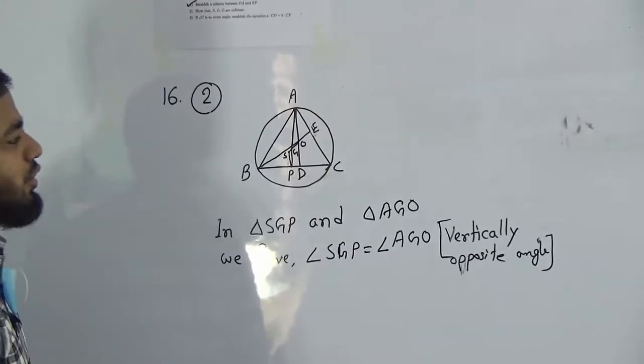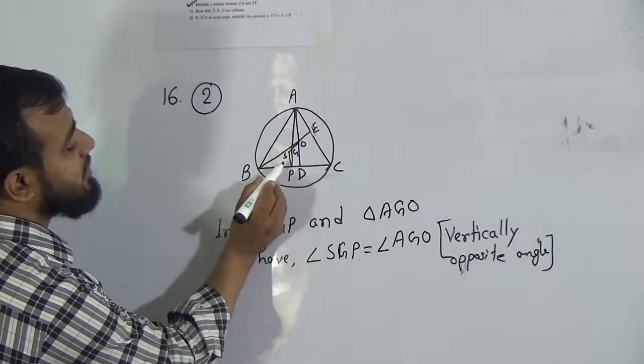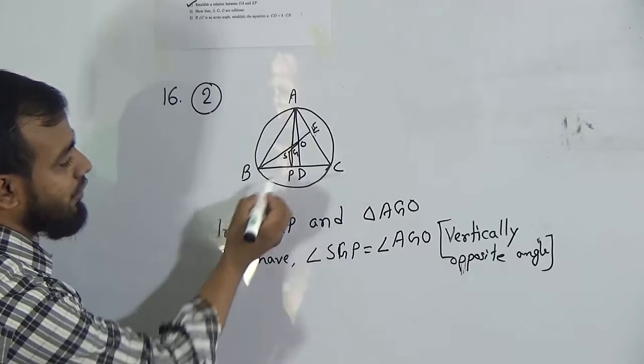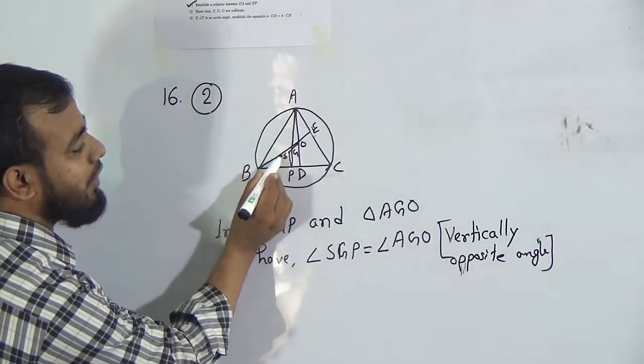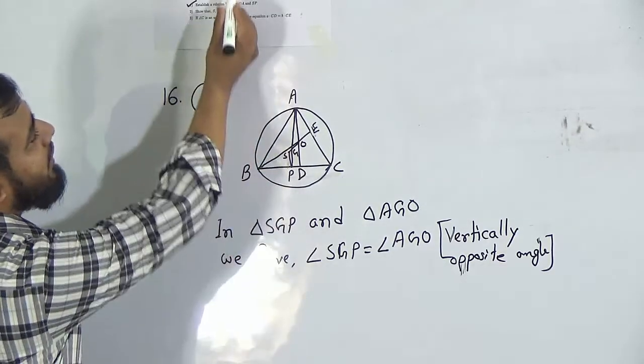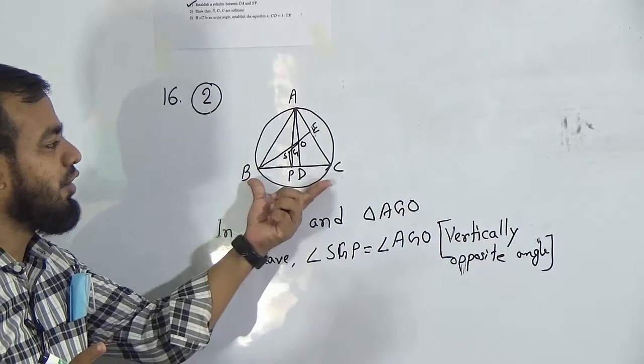Also, my dear students, look, S is the circumcenter and this AP is the median. That is why if we add S and P, already the addition is given here, so SP must be the perpendicular line on BC.